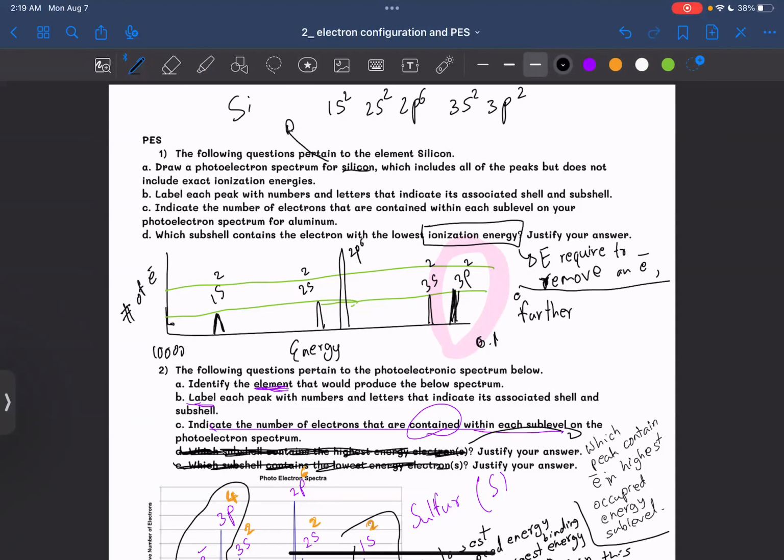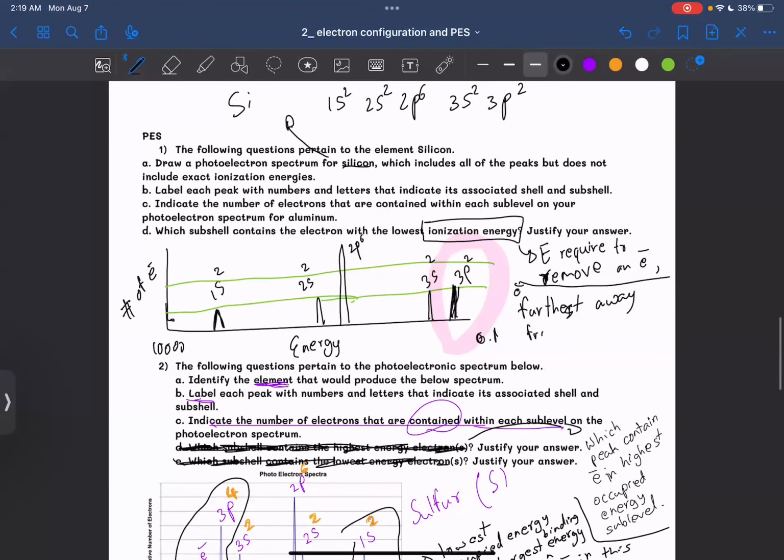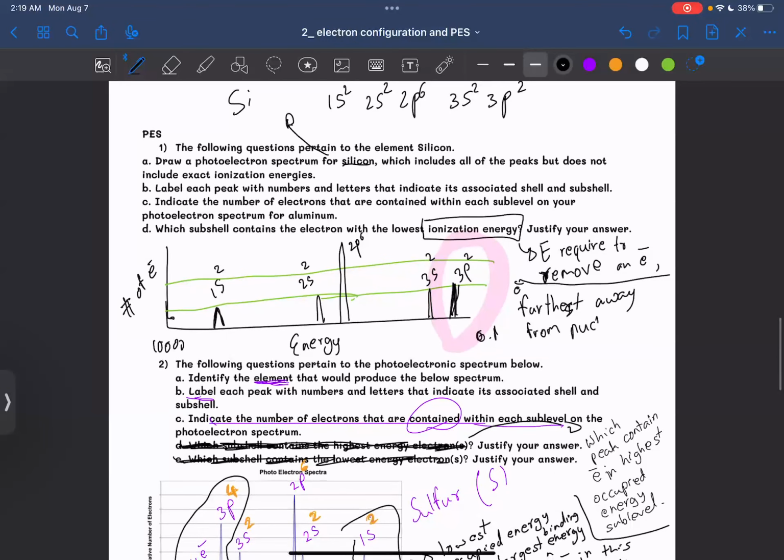Electron furthest away from nucleus requires less energy to remove. Okay, something like that.